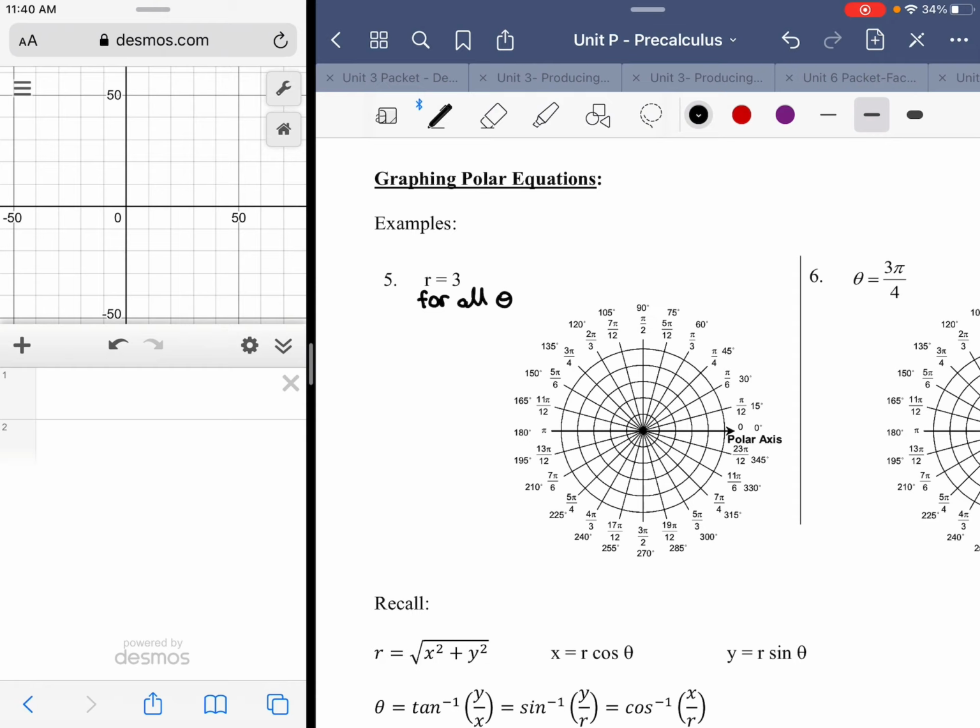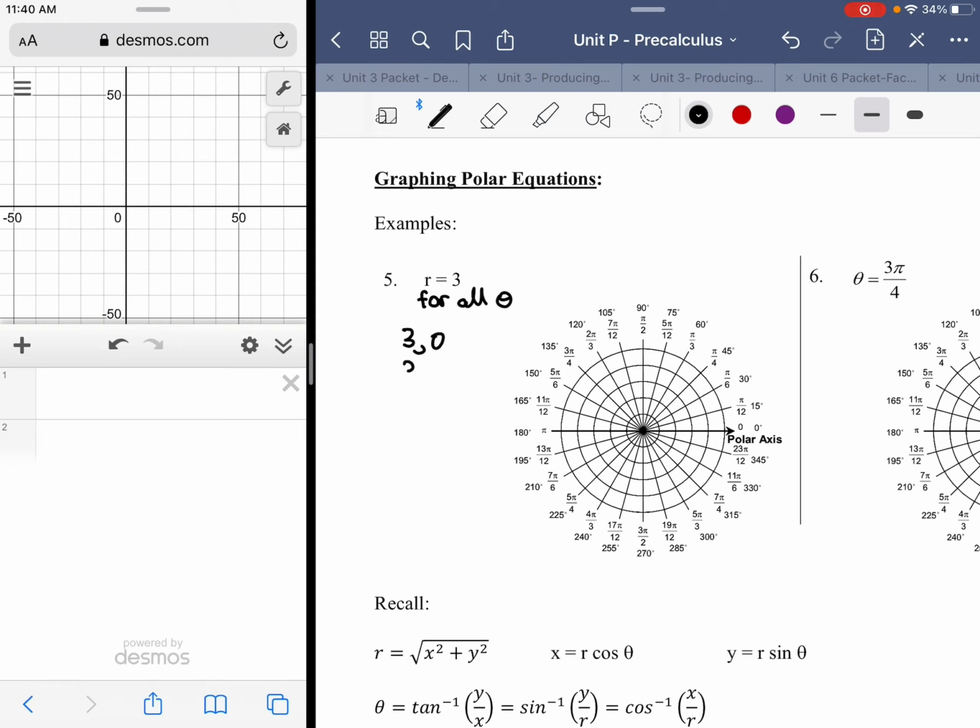Now, you can make a table of values if you want, but that would be the same as making a table of values when graphing the line y equals 2, where you'd list 1, 2; 2, 2; 3, 2; 4, 2; negative 1, 2; negative 2, 2, and so on. That seems like a waste of time.